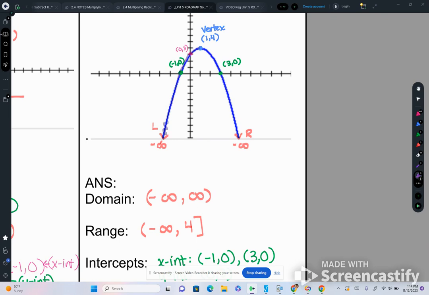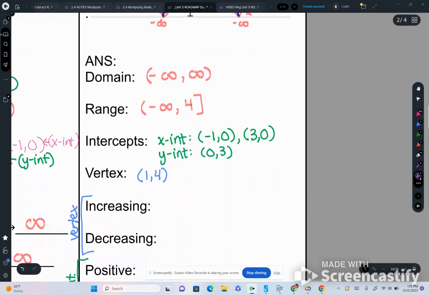So it's increasing, and we're talking about our x values. So it's increasing from negative infinity until we get to the x value of your vertex, which is 1. So that means it's increasing from negative infinity to 1.